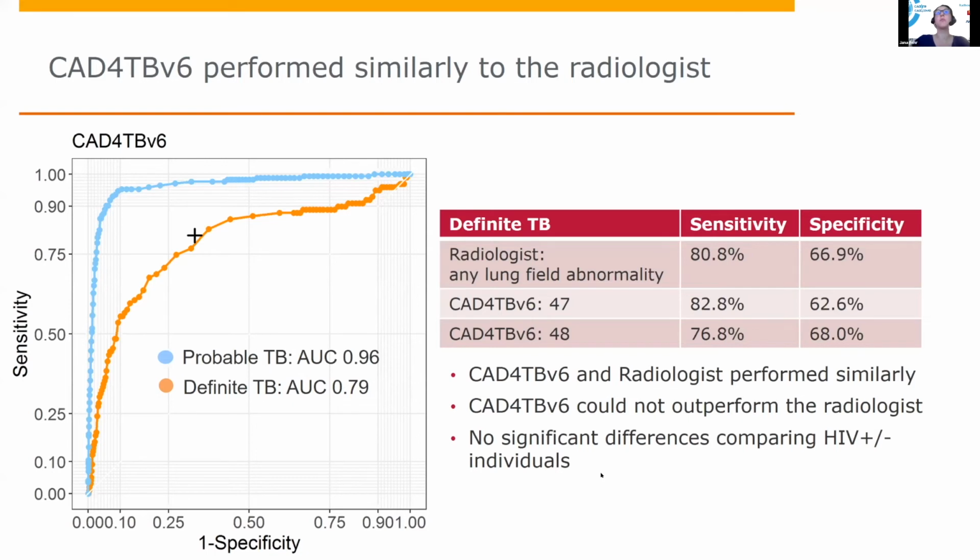But at this time, the specificity was higher compared to version 5 and more or less the same as the radiologist. However, there was no CAD4TB version 6 score that could really outperform the radiologist in both sensitivity and specificity. And again, we did not find any significant differences between people with and without HIV.